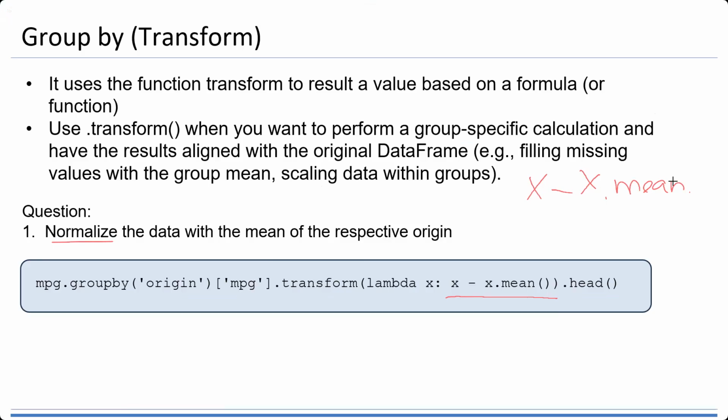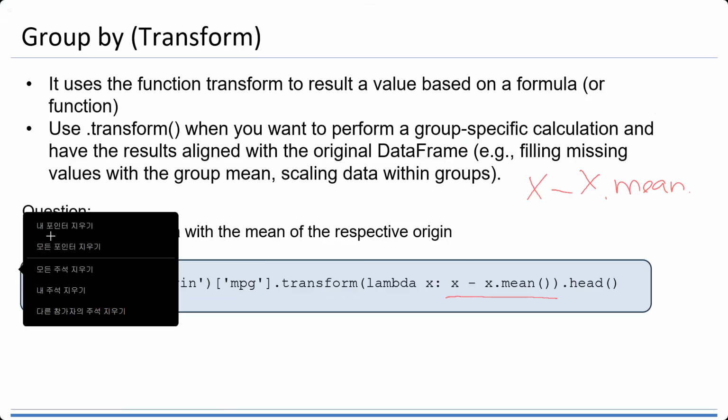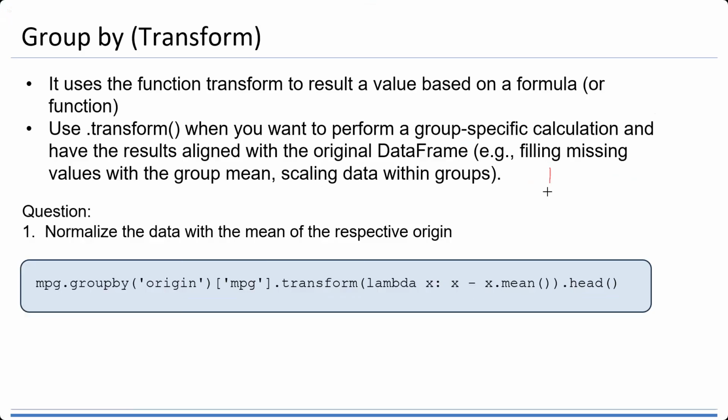So let's say I have data 1, 5, 3, 4, 2 like this, then what is the mean? The average is 1 plus 5, 6, 6 plus 3, 9, plus 4, 13, 13 plus 2, 15, 15 divided by 5, then the result is 3. Okay, the mean is 3.